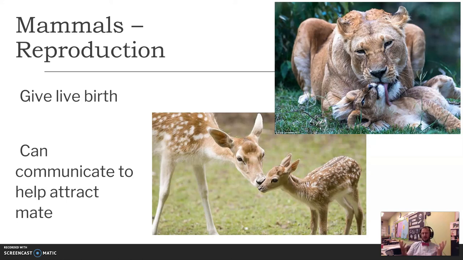If you think about a lion, it's the male lion that has the big mane for attraction. When you think about deer and moose and elk, it's the male that has the antlers to try and prove itself and get the female attracted to it. So they will communicate through how they look and through their vocals to try and attract that mate.